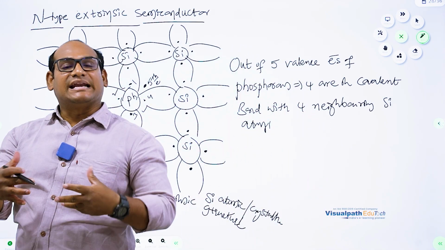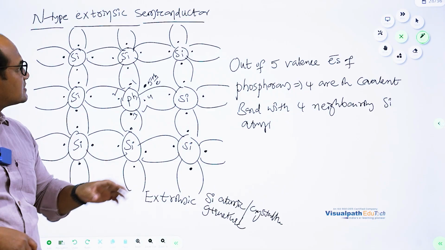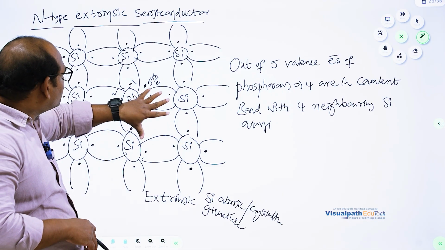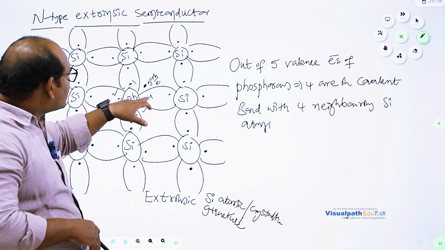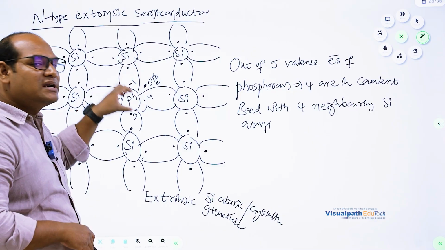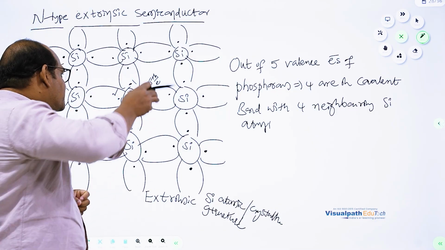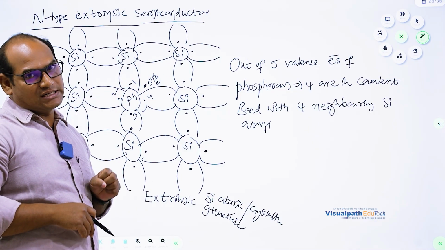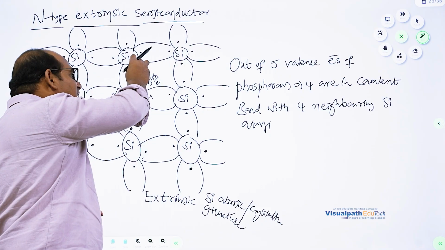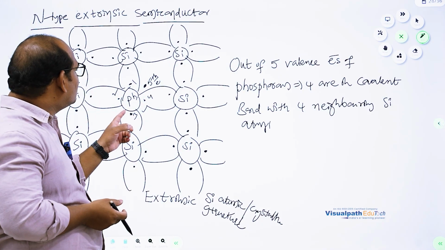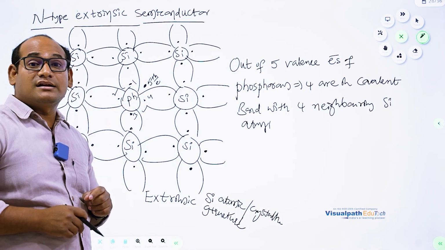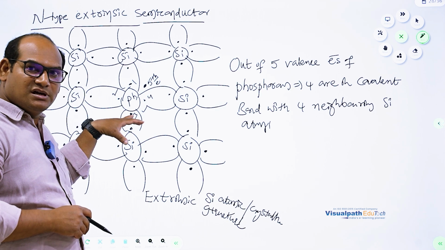The fifth one is loosely connected. Compared to these 4 valence electrons of phosphorus which are in covalent bonds, this fifth electron is loosely bound. So removing this fifth electron is easy compared to removing the 4 bonded electrons, because those are in covalent bonds, but this one is not.